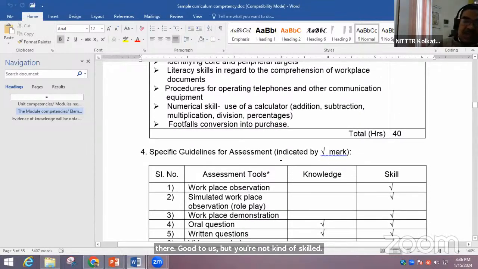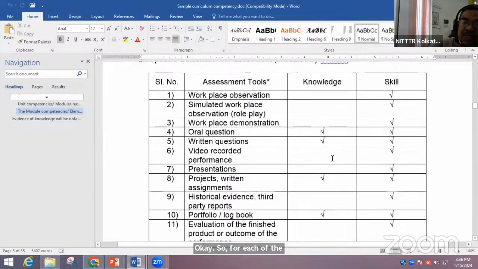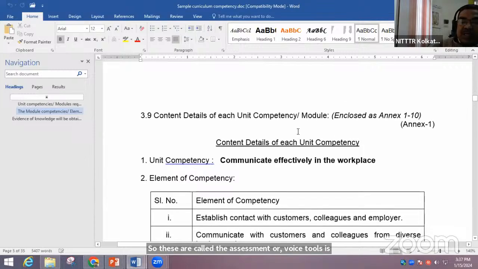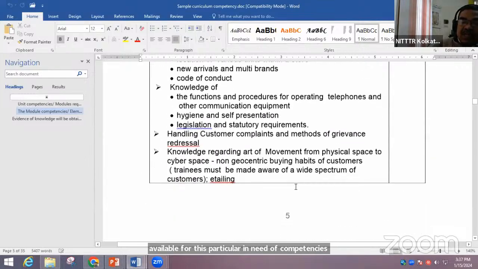For each of these, the methodology of evaluation has already been identified. These are called the assessment or evaluation tools. Which tools are applicable for a particular unit or element of competency are also identified.